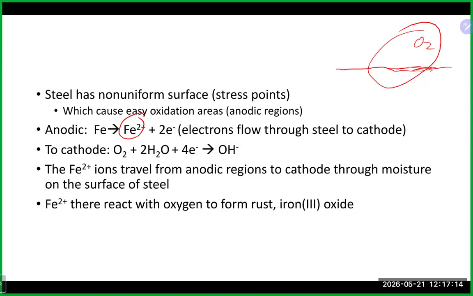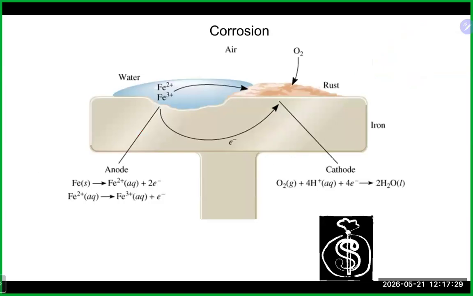The iron 2 then goes through further oxidation and actually becomes iron 3 oxide, which is rust. And again, problem with that is it continues to fall off, exposing more and more metal to that oxidation and corrosion, and obviously costing money in the process.